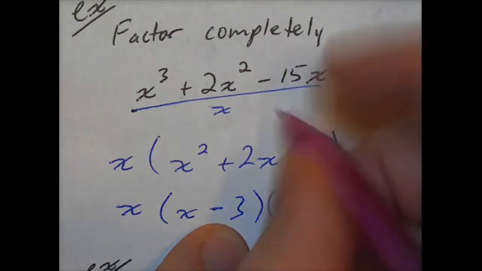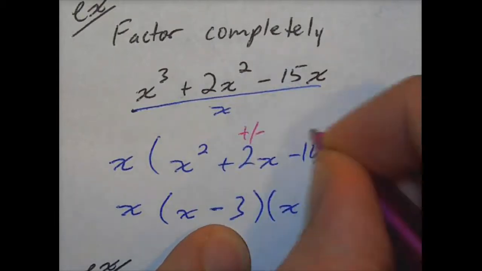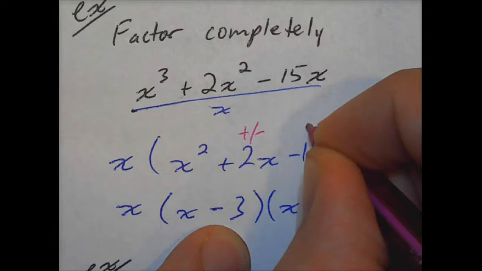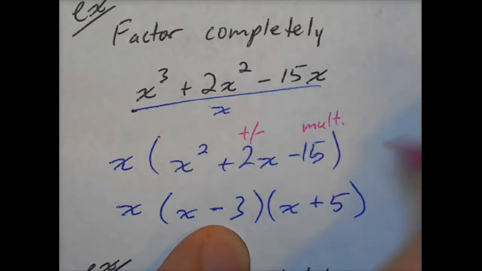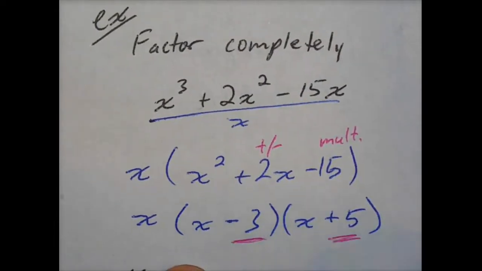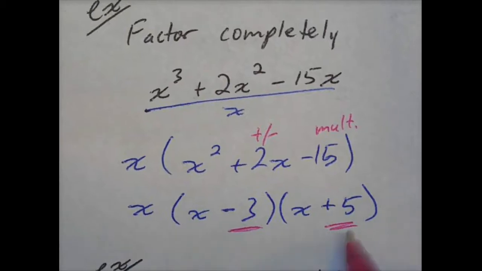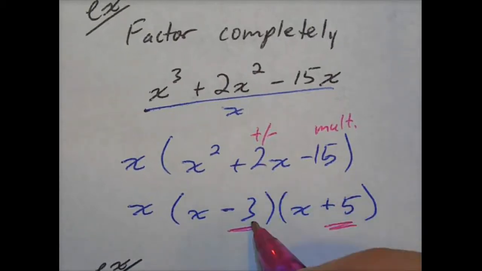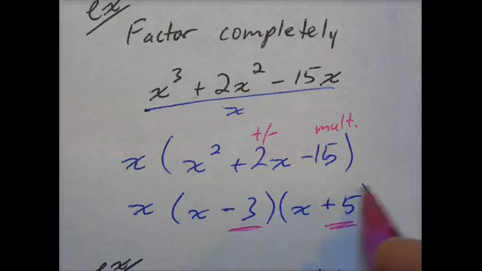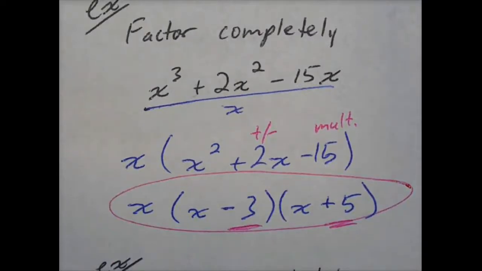Don't forget, they add to be that number, and they multiply to be that number. The numbers I'm talking about right here are right there. So negative 3 and 5 add to be 2. Negative 3 times 5 multiplies to be negative 15. And factoring completely, that's it. That's all that we can do for that one.